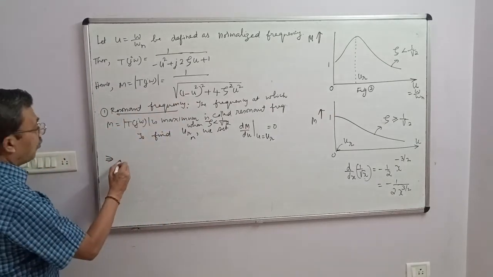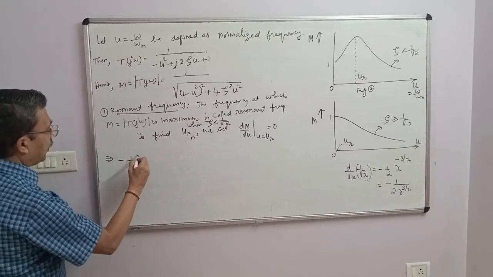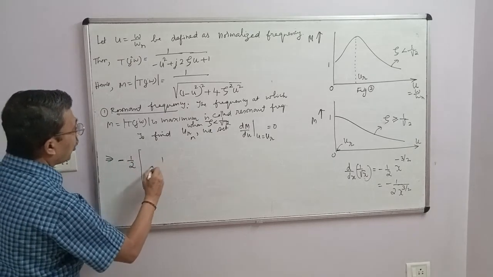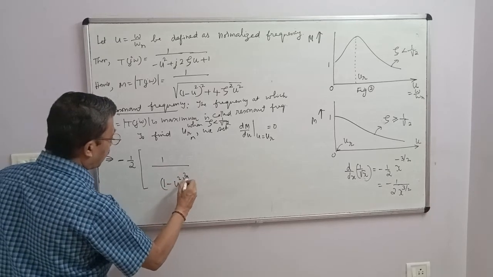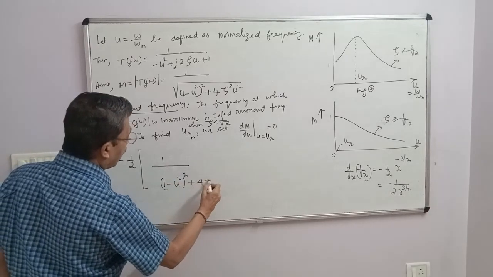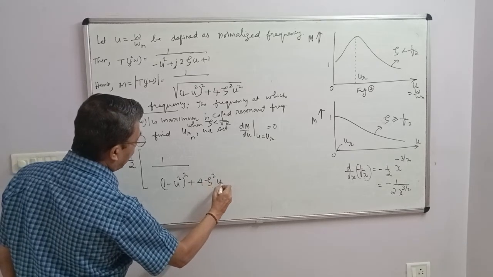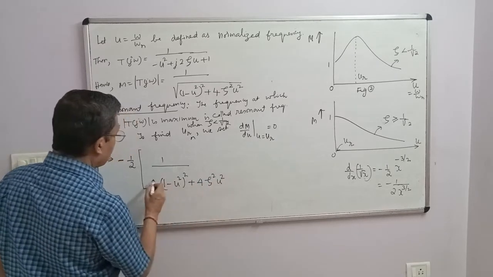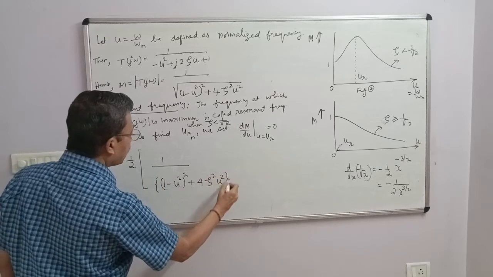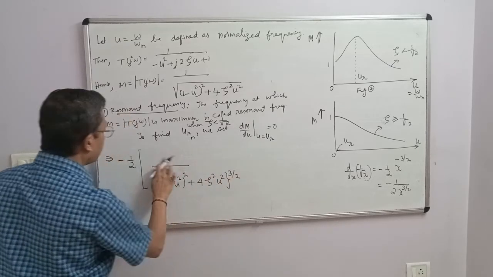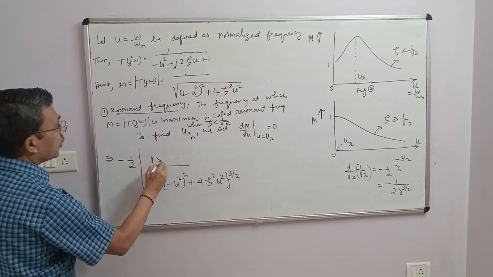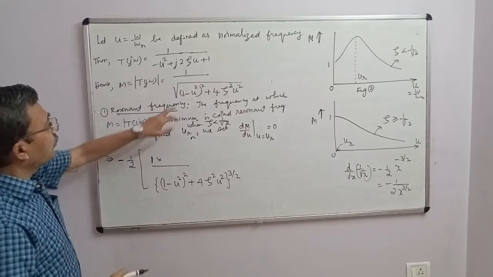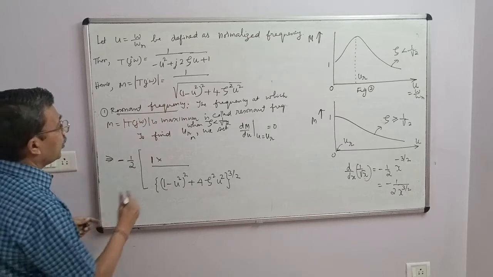This implies minus half into 1 over (1 minus u square whole square plus 4 times zeta square u square) to the power 3 by 2 into differential of the inner function. Differentiate this. So what you get?